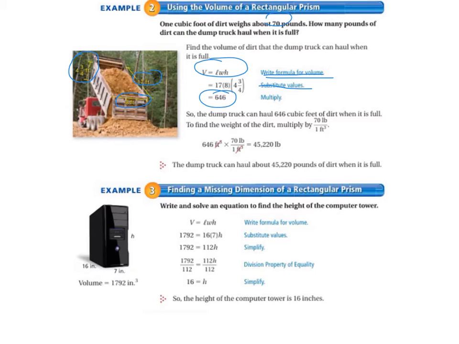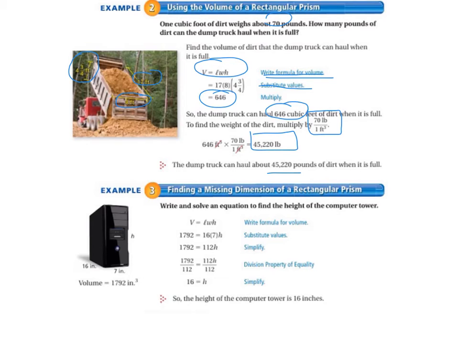So the dump truck can haul 646 cubic feet of dirt when it is full. To find the weight of the dirt, we multiply 70 pounds per cubic foot. So we're really multiplying 70 times 646, which gives us 45,220 pounds. So the dump truck can haul about 45,220 pounds of dirt when it is full.